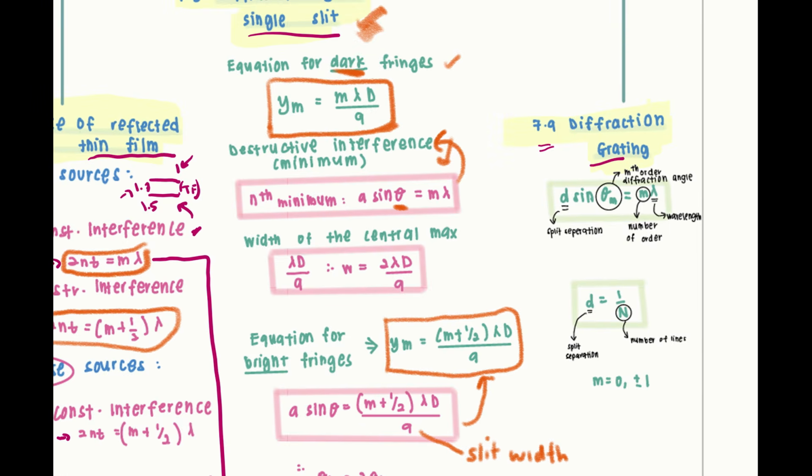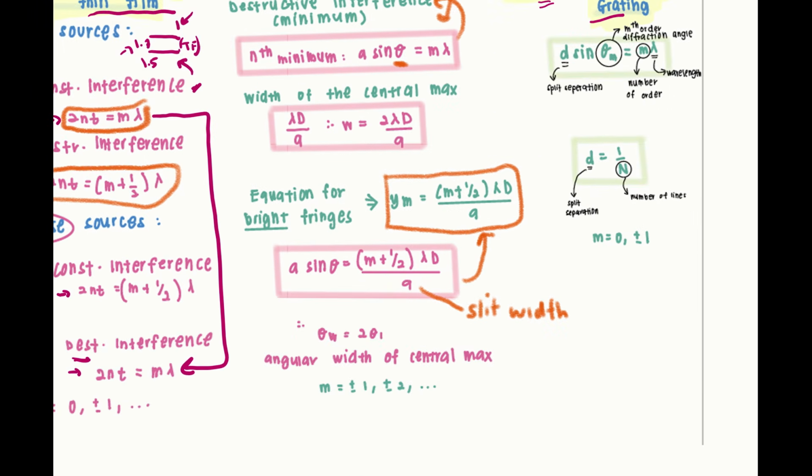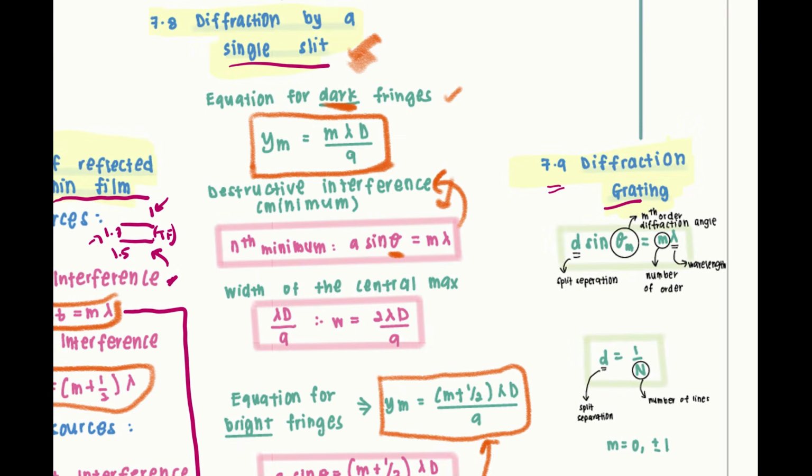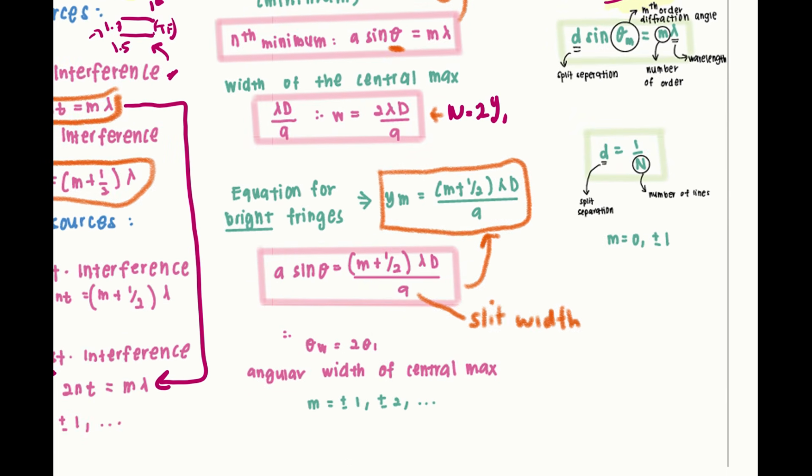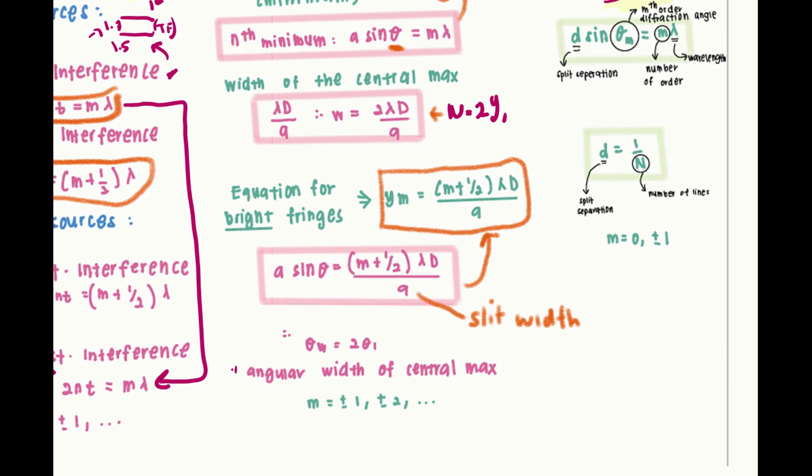If the question asks us to find the width of the central maximum, we will use this equation, which actually comes from the width 2y1 for dark, so you have 2 lambda D over a. You are also possibly asked to find the angular width, which is 2 theta 1. Theta 1 you can get from the equation that contains the angle.